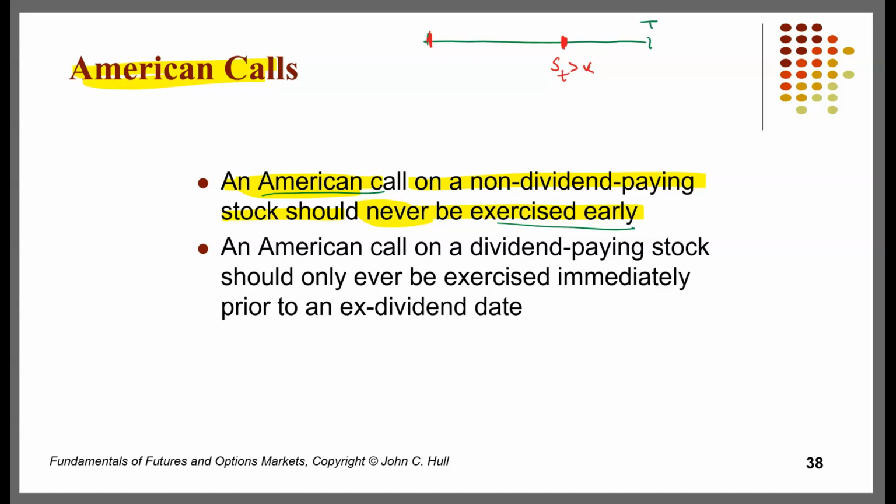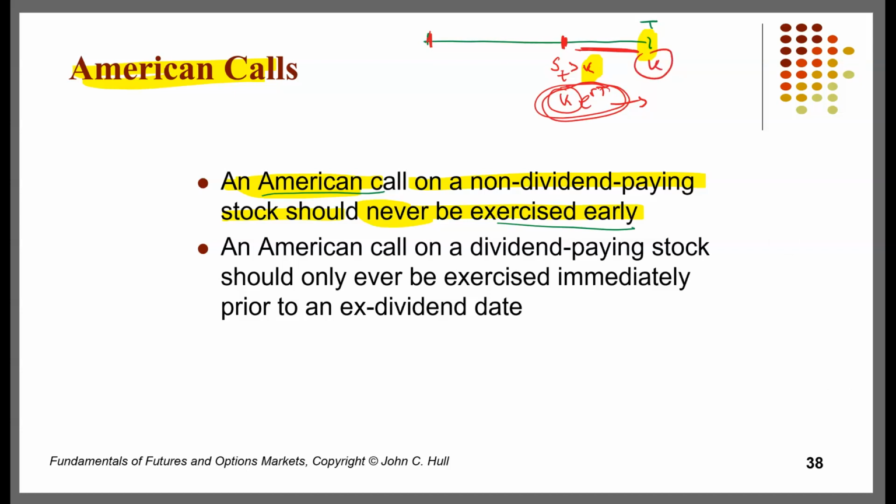Why would you pay K here for the stock if you know that you would pay K here for the stock anyway, right? The idea here is save the money, save K, invest that at an interest rate, and earn the future value of your strike price over this period of time, and essentially use the outcome of this investment to pay for the strike price later.